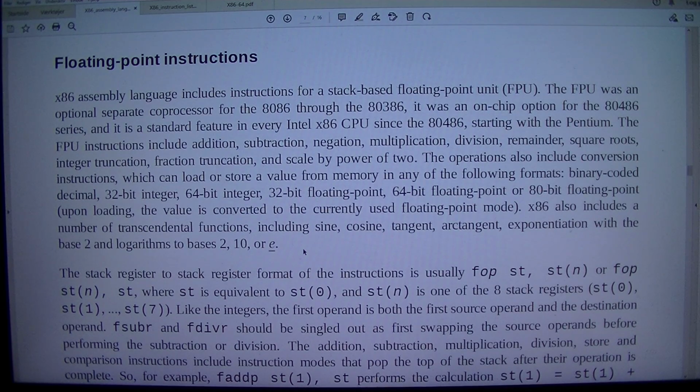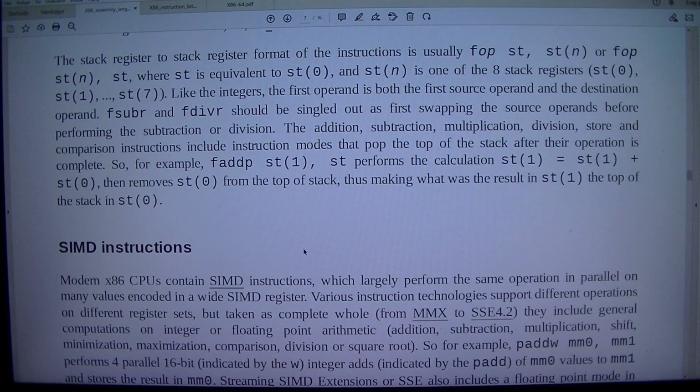The stack register to stack register format of the instructions is usually FOP ST, ST(n), or FOP ST(n), ST, where ST is equivalent to ST(0), and ST(n) is one of the 8 stack registers, ST(0), ST(1), through ST(7). Like the integers, the first operand is both the first source operand and the destination operand. FSUB and FDIV should be singled out as first swapping the source operands before performing the subtraction or division.